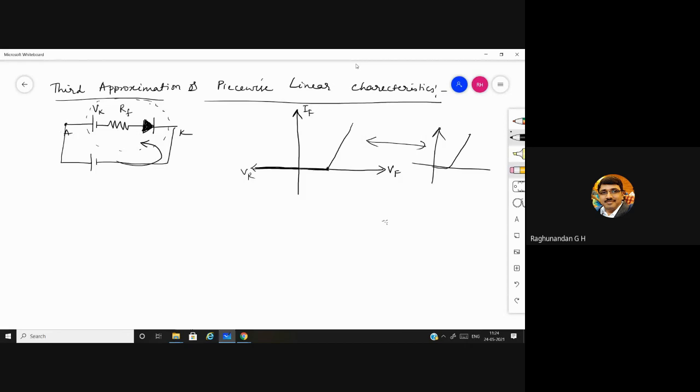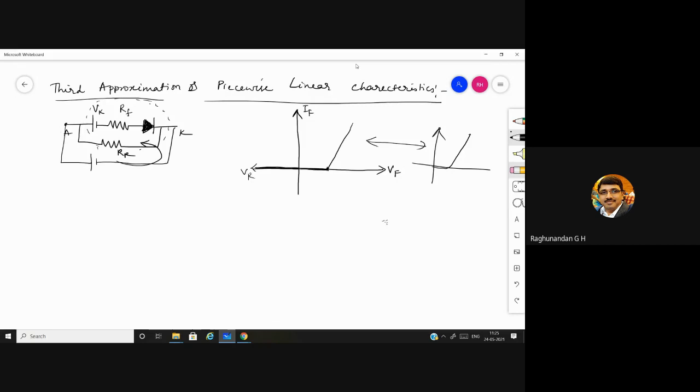So after this, we have the fourth approximation or piecewise linear characteristics 2, where they have worked out the reverse bias condition also. As an improvement, they connect one resistance RR, of high resistance value.